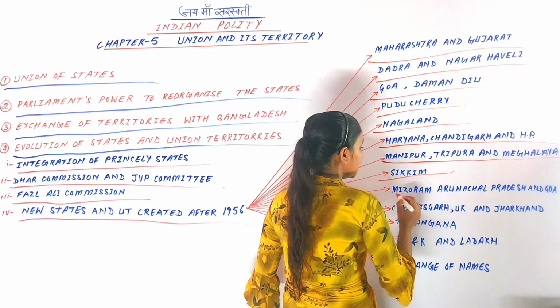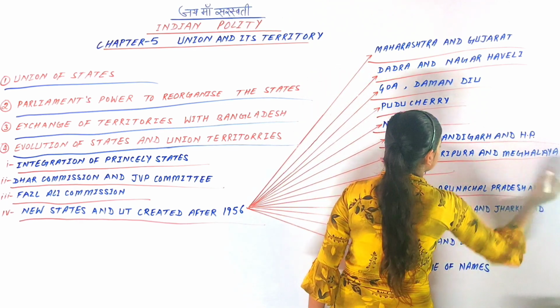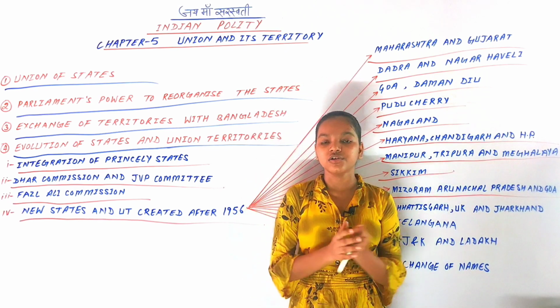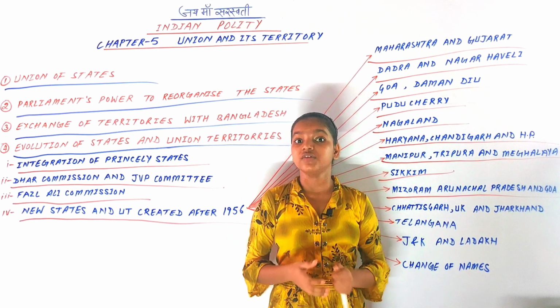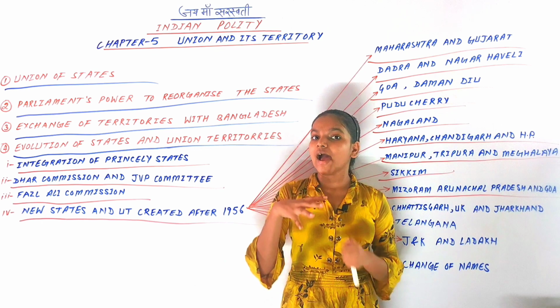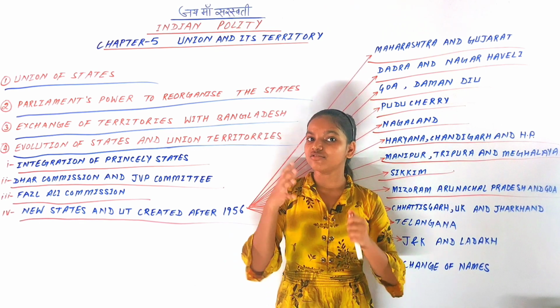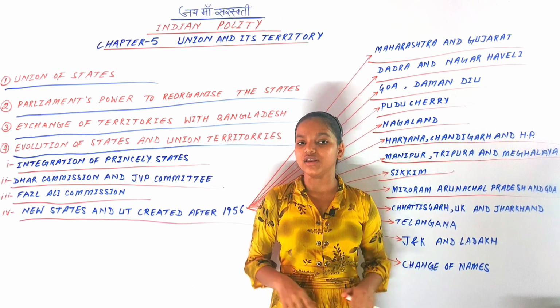So next is Mizoram, Arunachal Pradesh and Goa. You know that Mizoram and Arunachal Pradesh were union territories, but around 2000 they were made states of India.